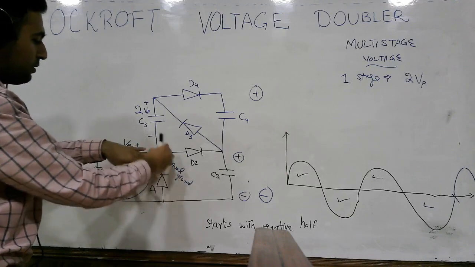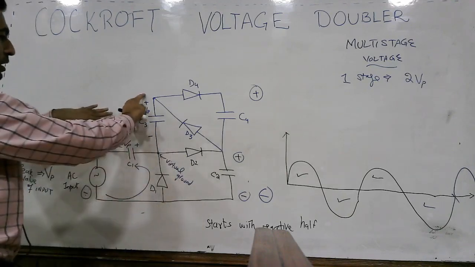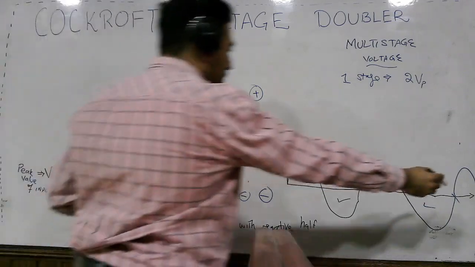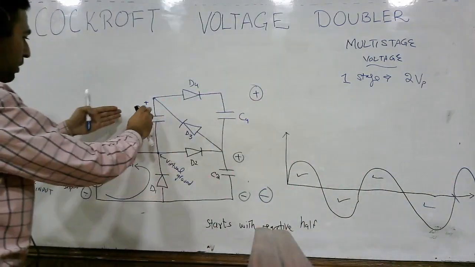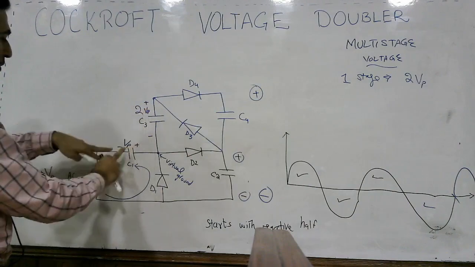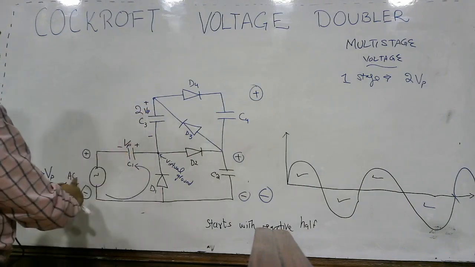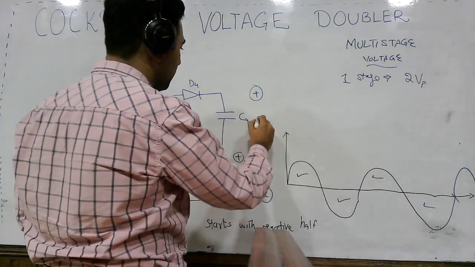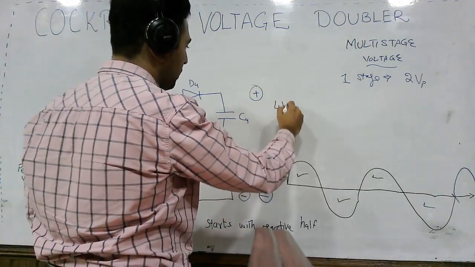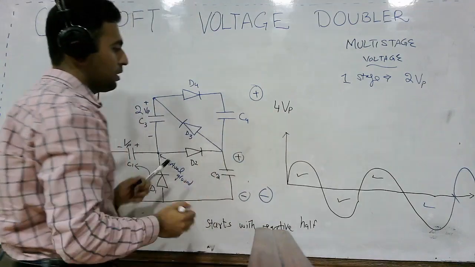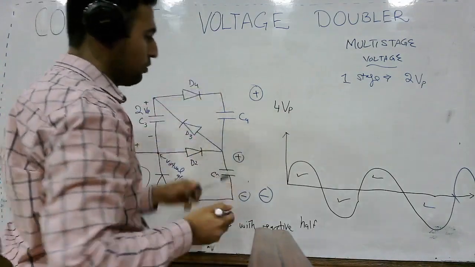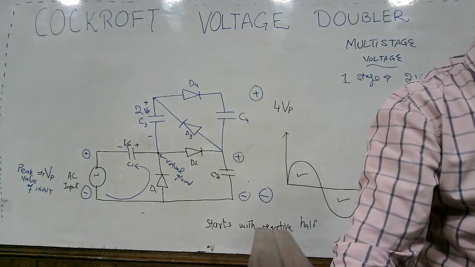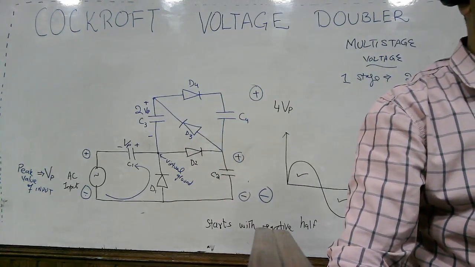So because of this virtual ground, here it will be 2 Vp. And at the end of this positive cycle, this Vp, 2 Vp along with this potential and this potential Vp will appear here, and you will get here 4 Vp between these 2 points. Let me repeat what I have done so that you get a clear understanding.